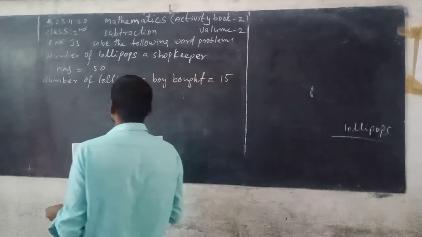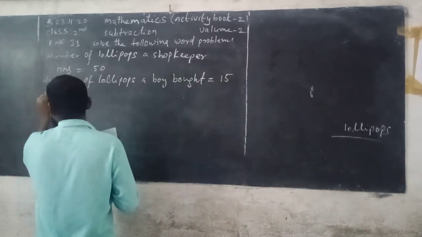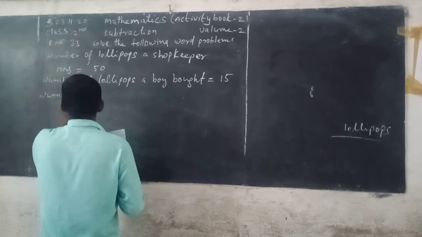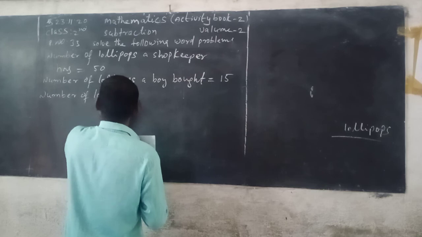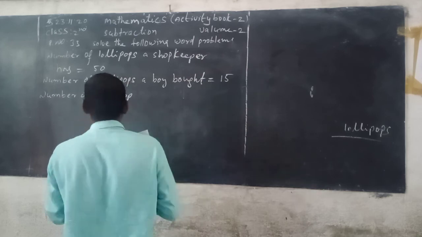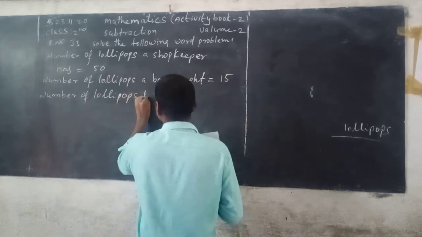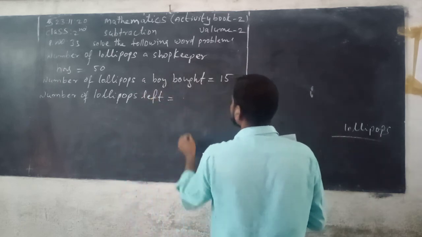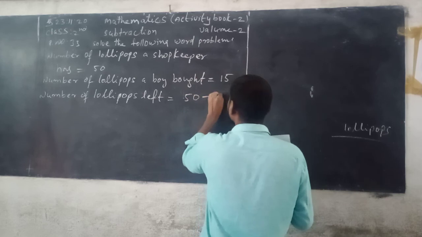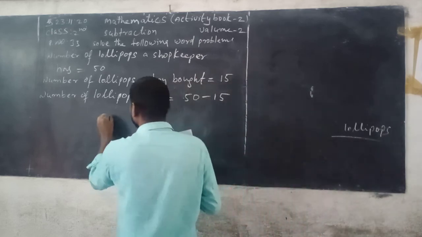Number of lollipops left is equals to 50 minus 15.